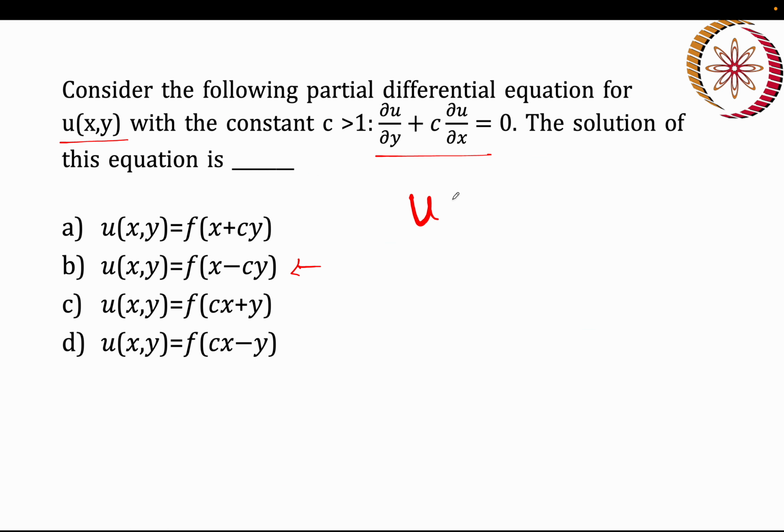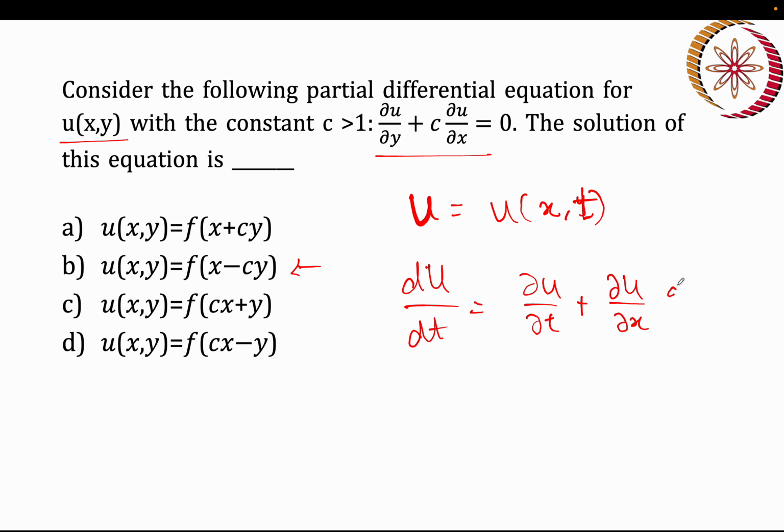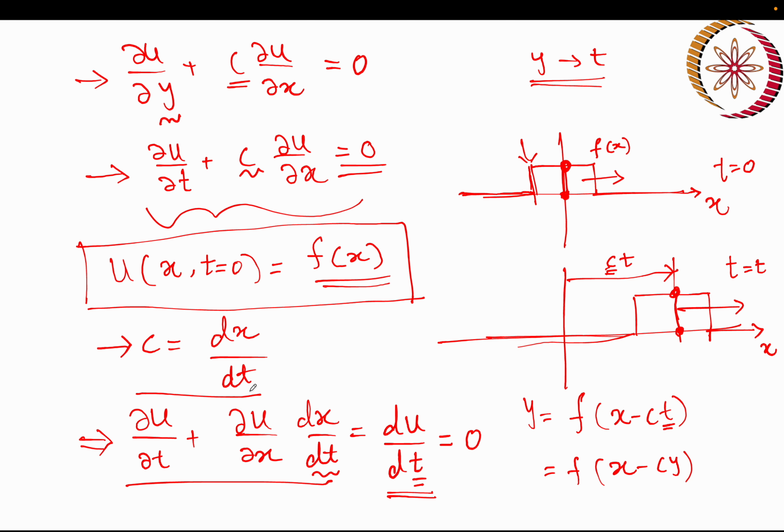So if u is a function of x and t, and we are interested in t, then du by dt is nothing but dou u by dou t plus dou u by dou x dx by dt. In this case c acts as dx by dt, so that's what we have used here.